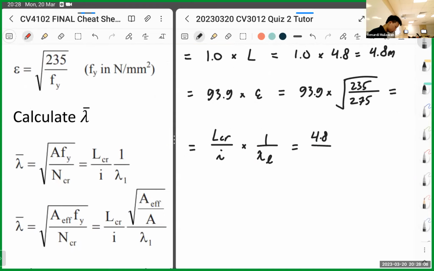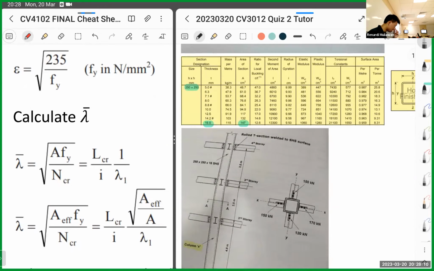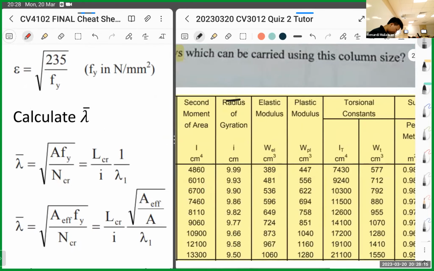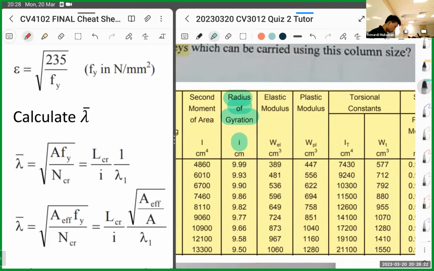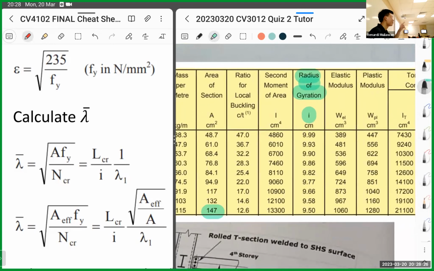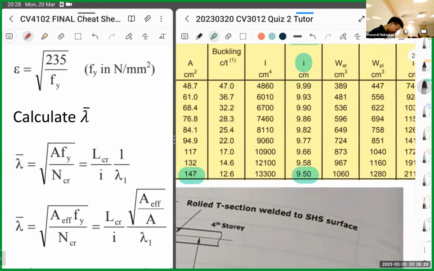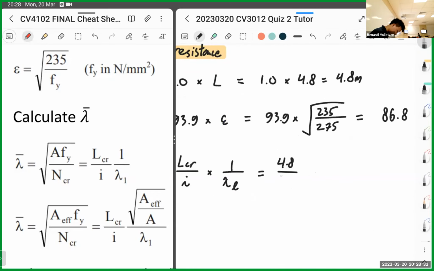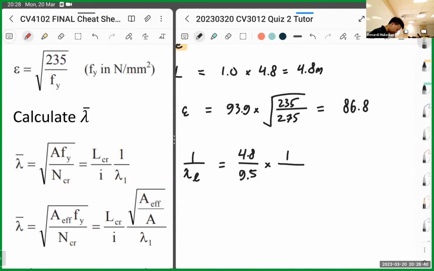You see the cross section table. i is the radius of gyration. Be careful, this is small i, not big I. So it's 9.5, multiplied by 1 divided by lambda L, which is 86.8.